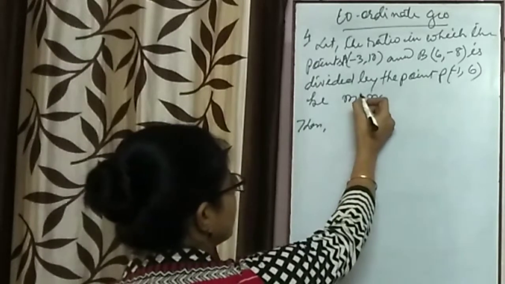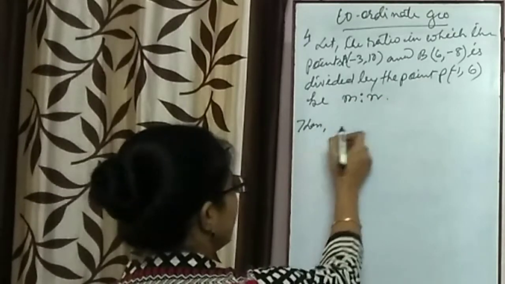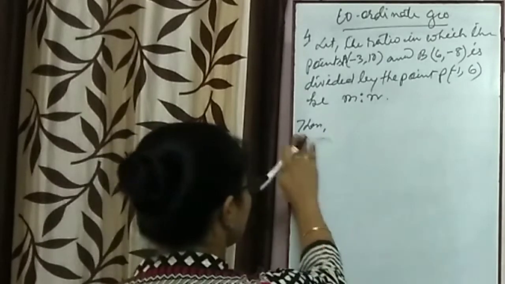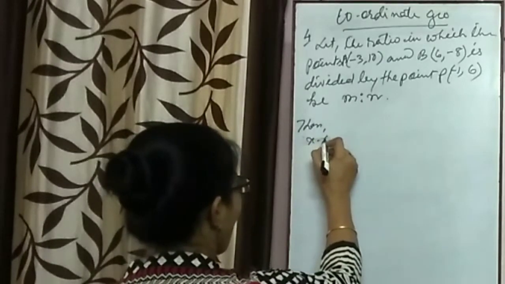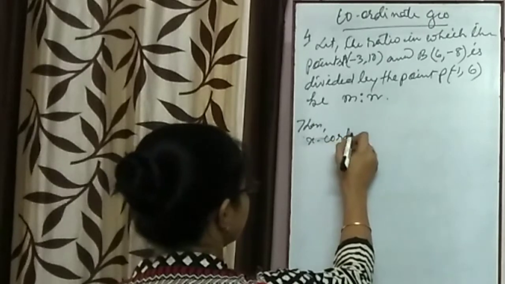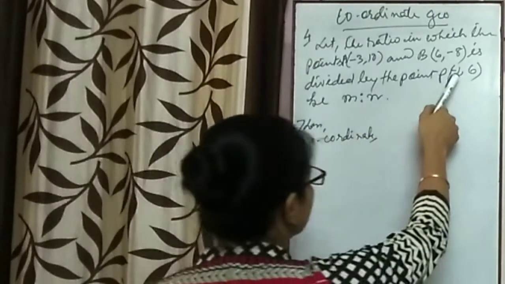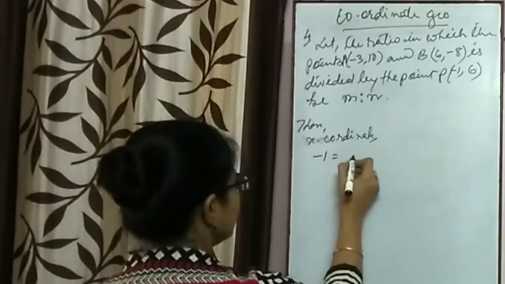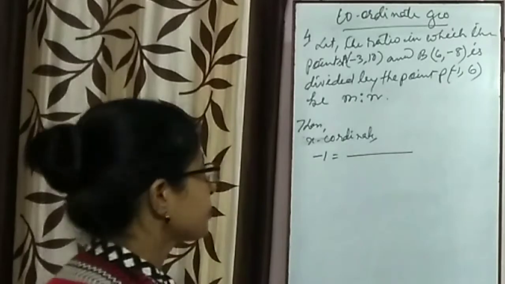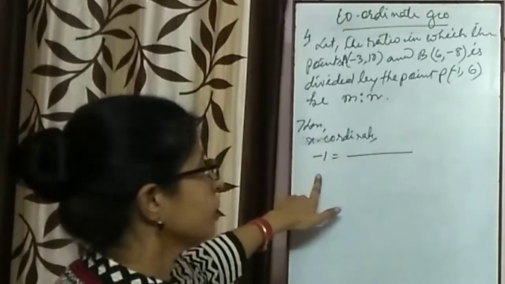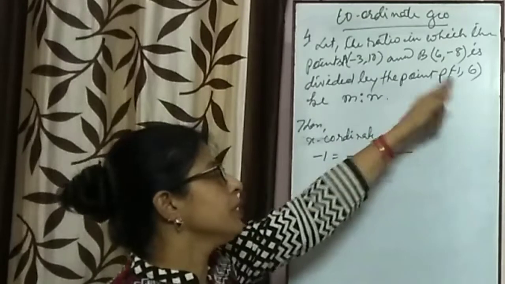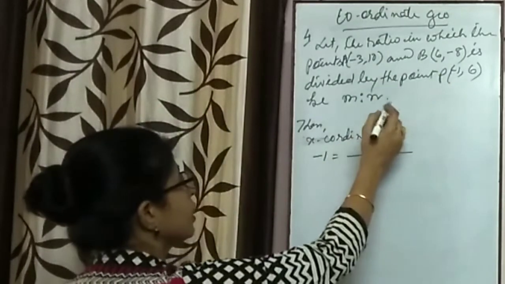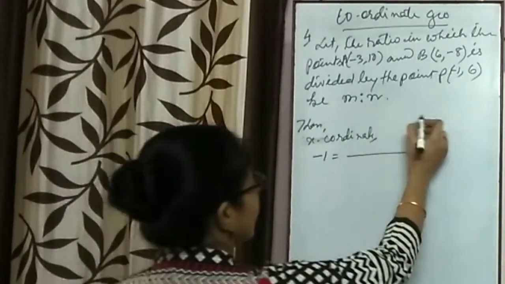So here we have the x coordinate, that means it is minus 1, which is equal to, this place is for the x coordinate, so the x coordinate is already given. So it will be like this.